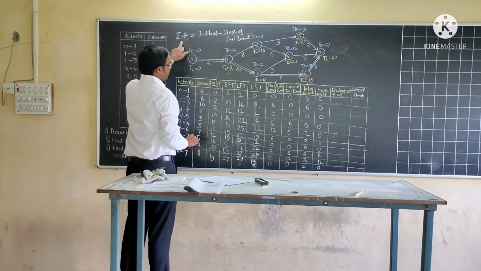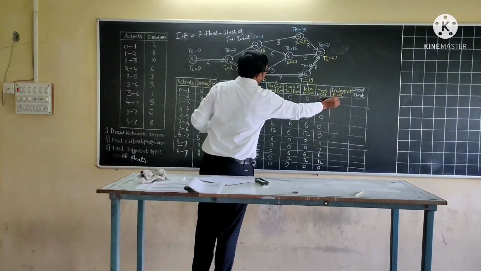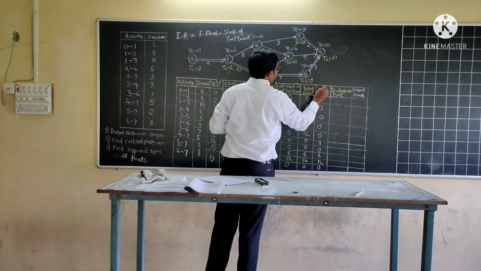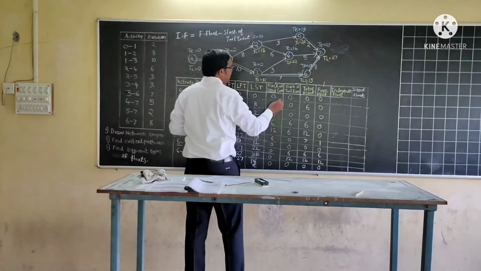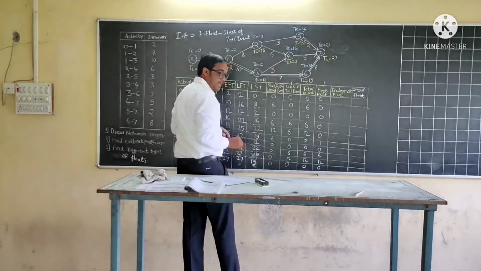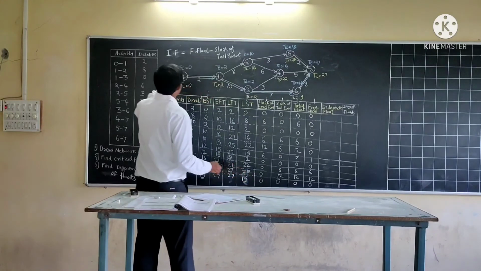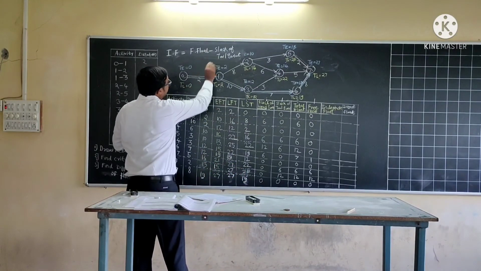We need to calculate the values of independent float from the values of free float. The independent float formula is free float minus slack of tail event.